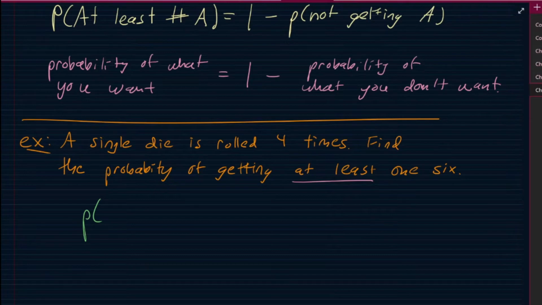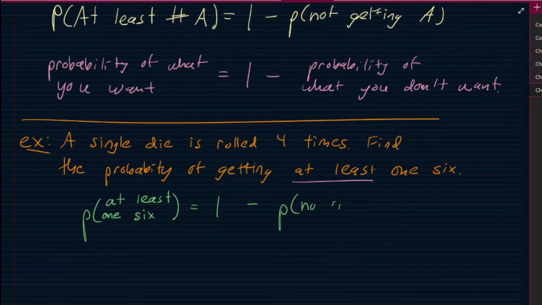So I'll write here the probability of at least one 6, and it's going to be equal to 1 minus the opposite of this. And what's the opposite of at least one 6? Well, at least 1 means 1 or more. And what's the opposite of 1 or more? It's none. So it actually ends up being 1 minus the probability of getting no 6s.